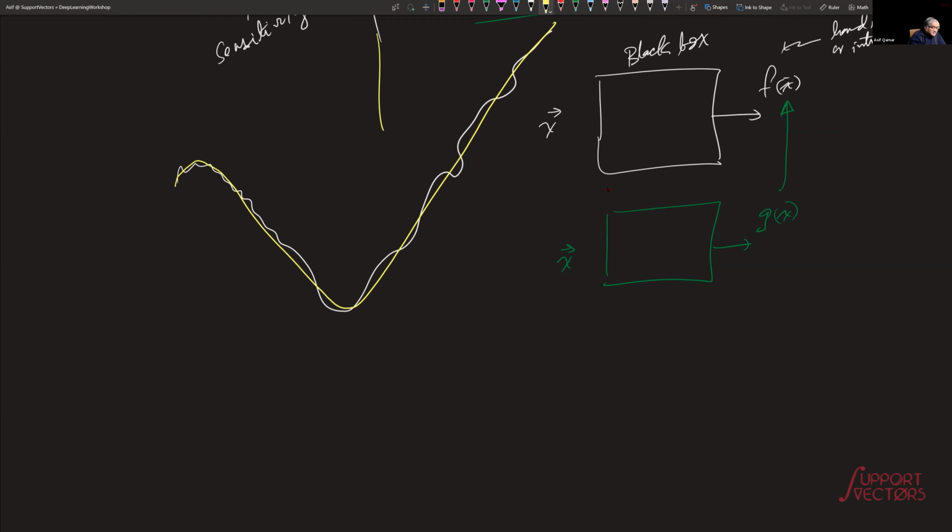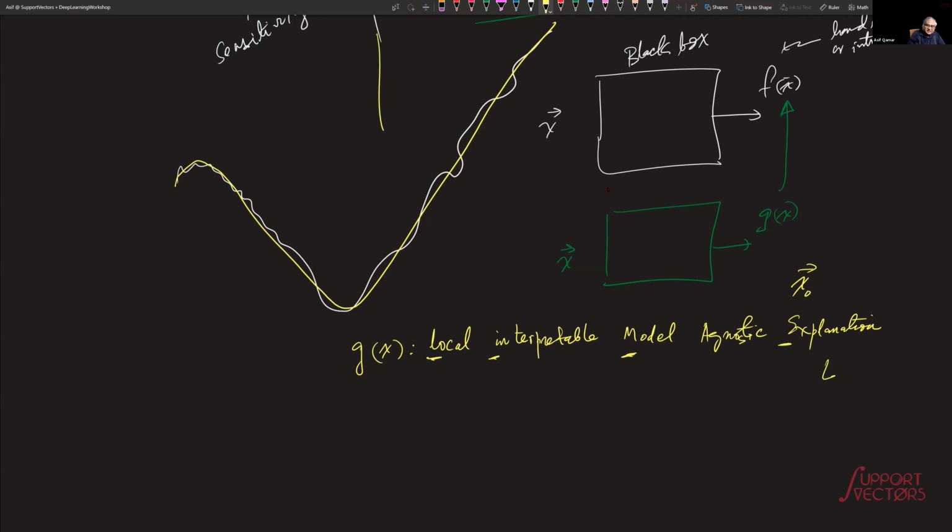So you make a local interpretable model around some feature point x0 in the feature space. You make a model that's fairly accurate, but it is local and it is model agnostic. An explanation is a fancy way of writing the g of x. So LIME makes it.